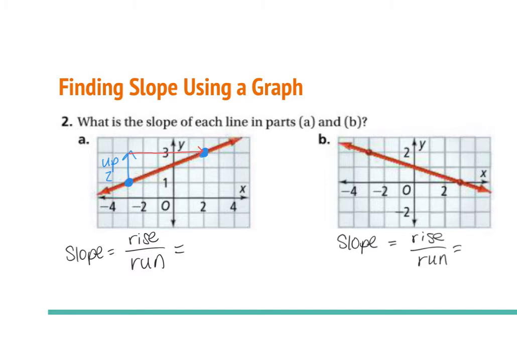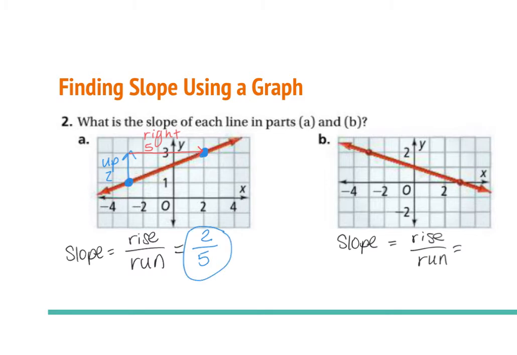Right 5. If we're moving up, is that positive or negative? Positive. So we write positive 2, which was our rise, over our run, which was positive 5 because it was to the right. You should have gotten 2 over 5 for the first one.